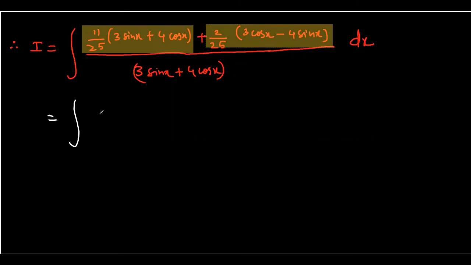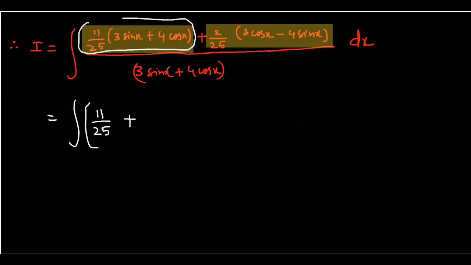integral. I will get 11 upon 25, plus, what happened? This will cancel when you separately divide. When you write this whole thing upon this, 3 sin x plus 4 cos x will cancel. So you are left with only 11 upon 25. That was the trick, my dear students.